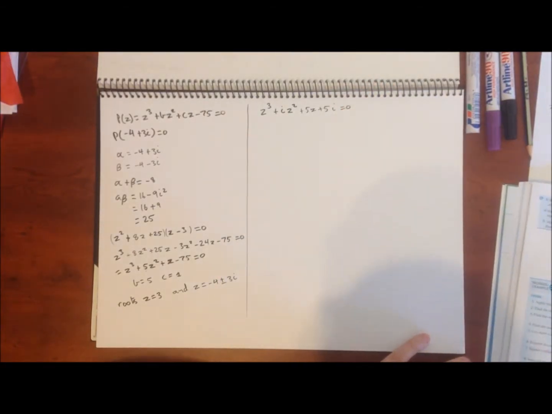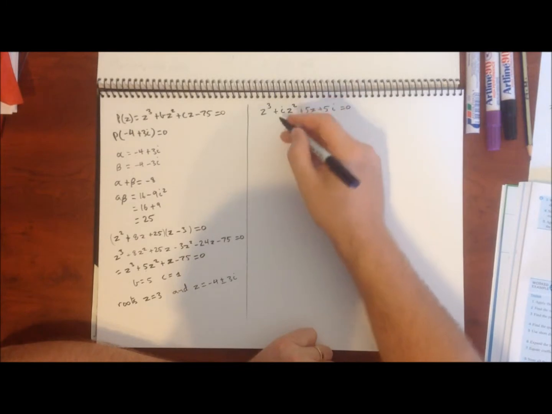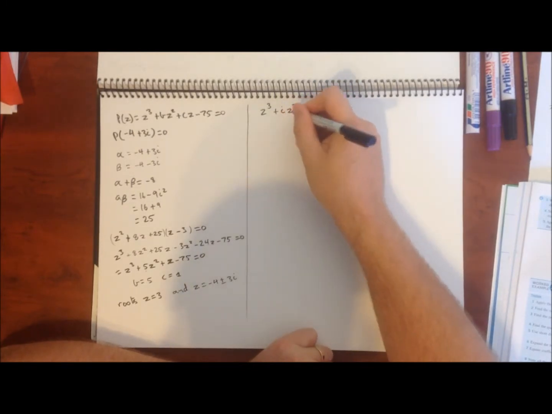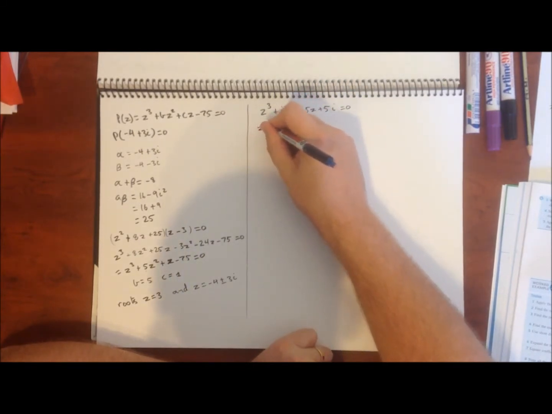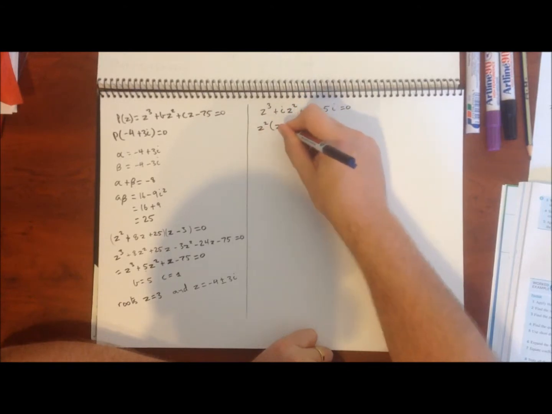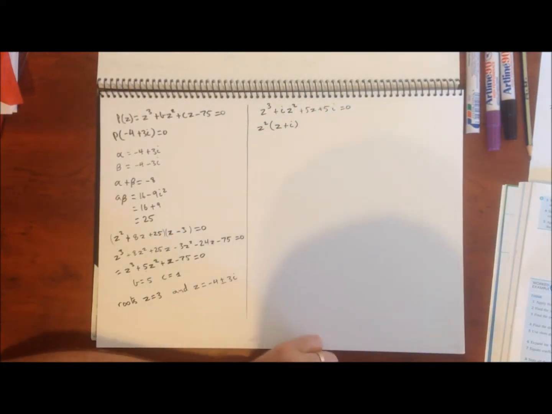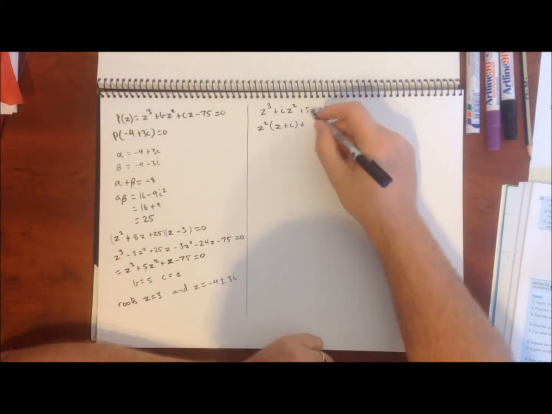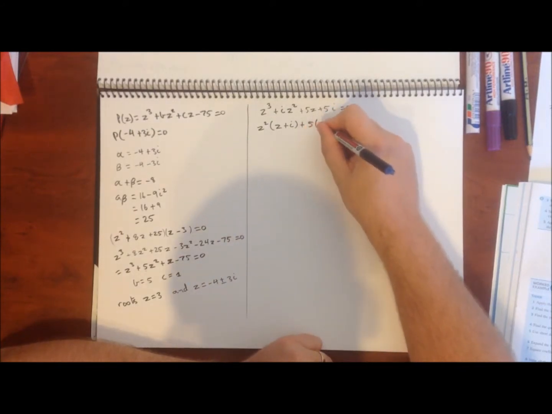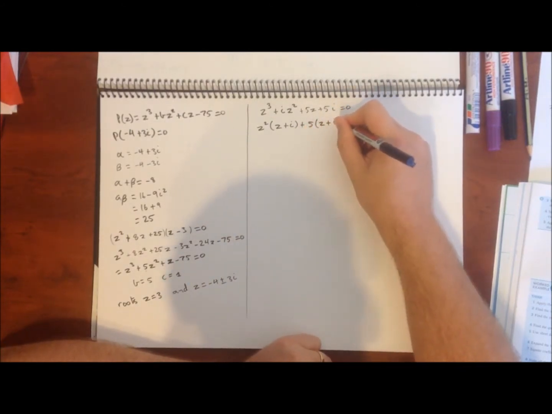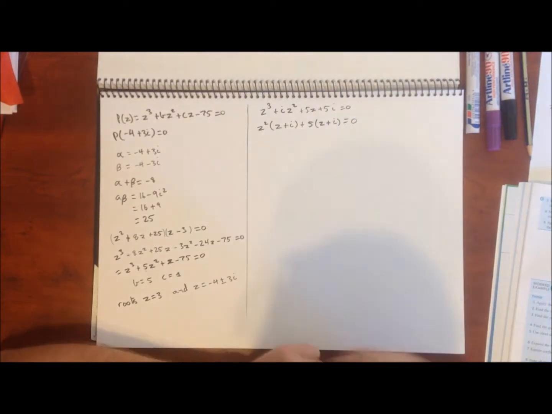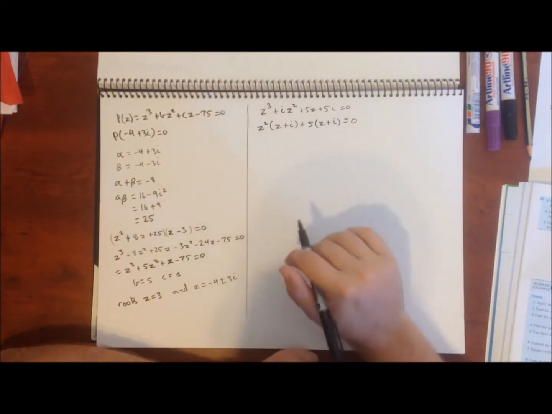What we're doing here is taking out z squared as a common factor, so we're going z squared, and then we're left with z plus i. And over here, we're going to take out 5 as a common factor, so we're again left with z plus i. So we're doing this grouping idea.